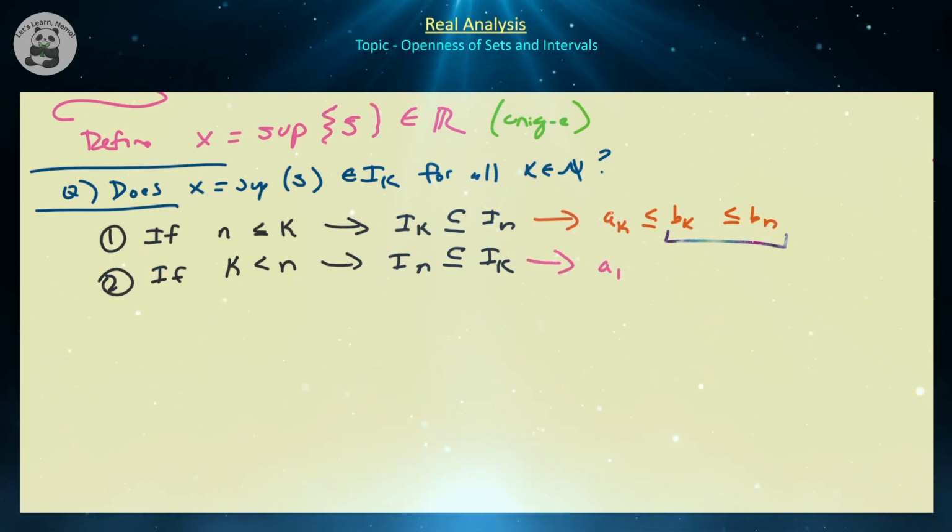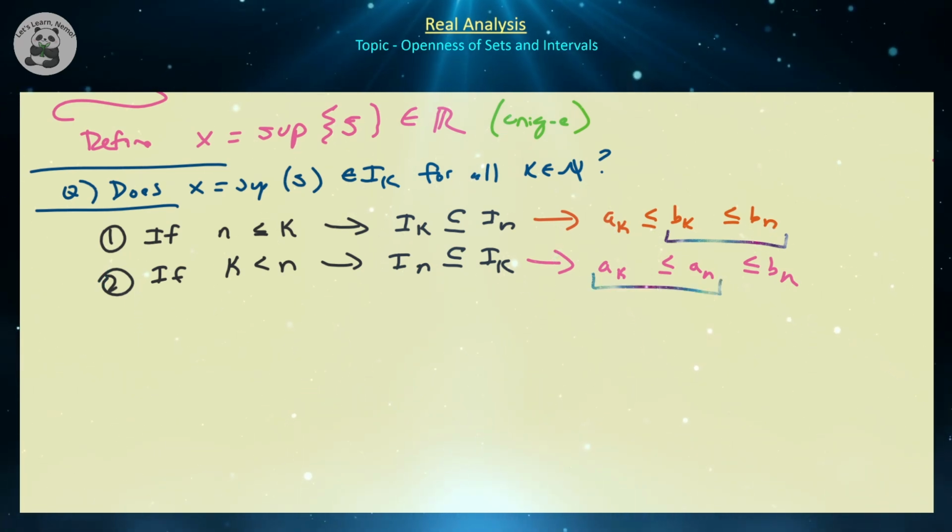Again, we have that Ak is less than or equal to An, and that's going to be less than or equal to Bn, right? Practically, Ak is less than or equal to An because Ik is a covering of In, so Ak is slightly beyond that other set, okay? Right, and keep in mind, these a's are on the left and the b's are on the right, okay? So from these two, what do we have?